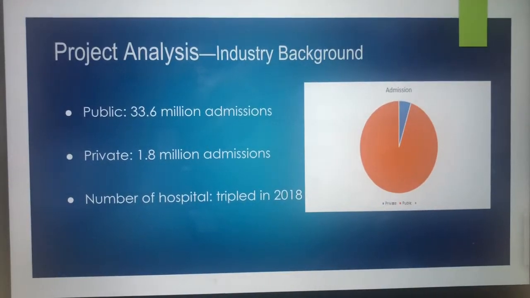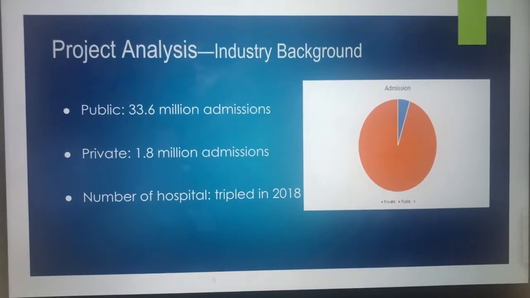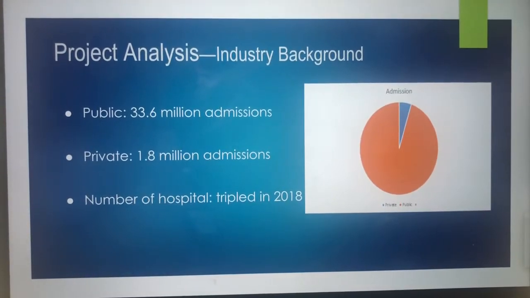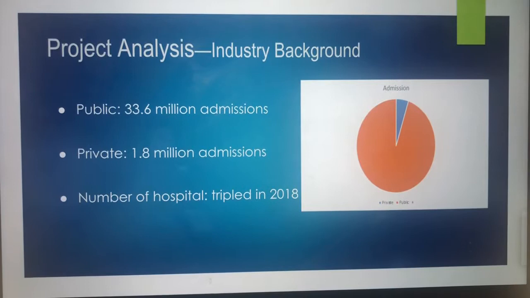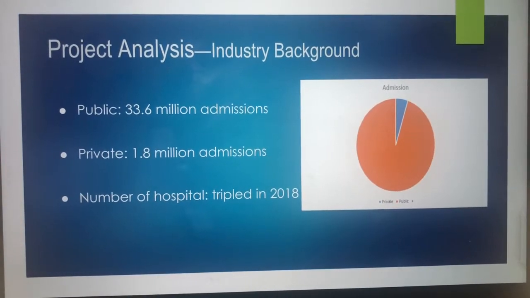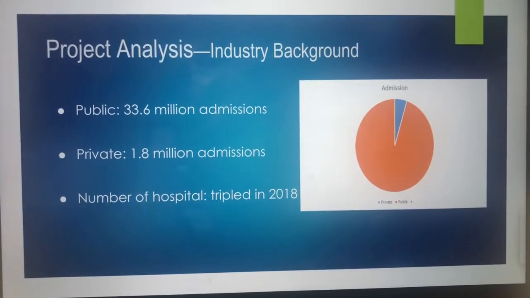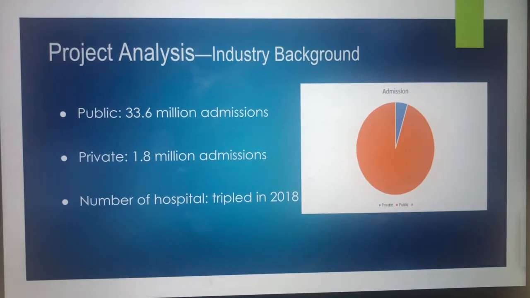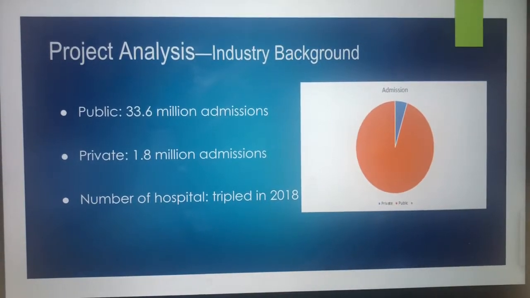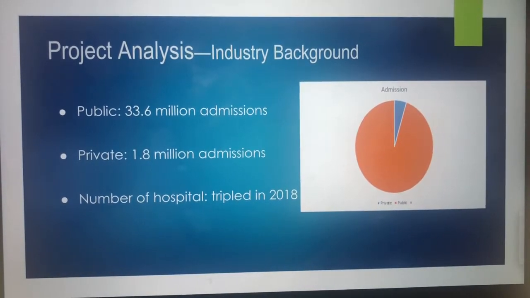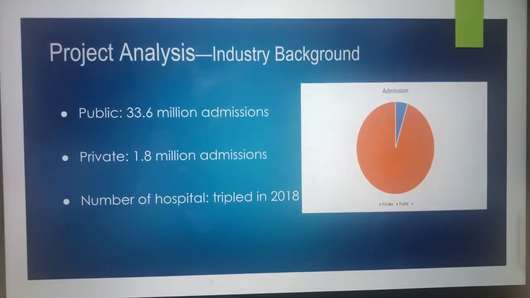Let's talk about the industry background. We researched that American public hospitals had about 33.6 million admissions annually, while private hospitals had about 1.8 million admissions annually.